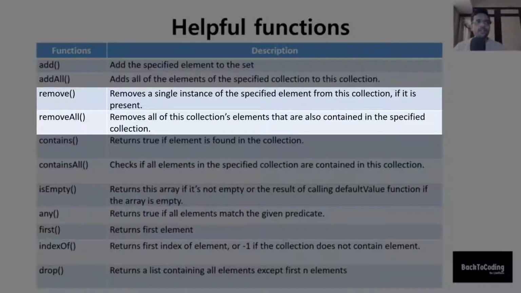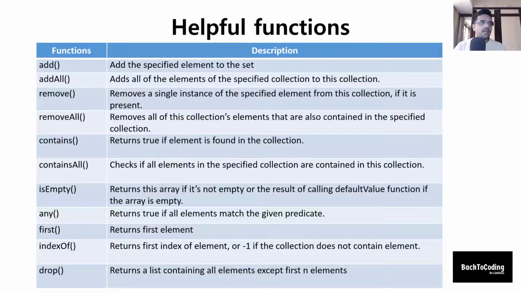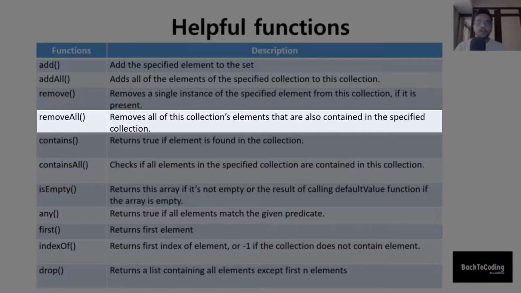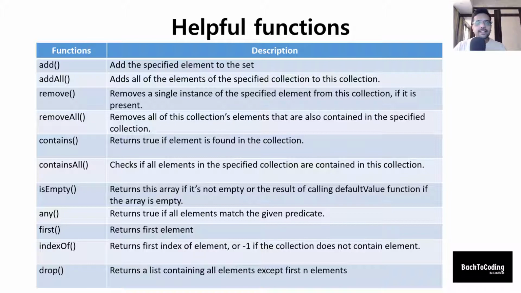Remove and removeAll functions, as the name suggests, are used to remove elements from the set. The remove function removes a particular element from our set, whereas the removeAll function removes an entire collection from our set. Let's see it practically.